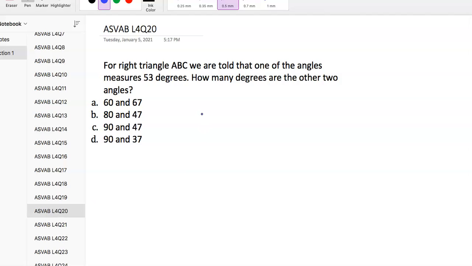All right, right triangle ABC. One of the angles measures 53. How many degrees are the other two? The fact that it says right triangle means 90. So we know 90, and they told us one is 53.